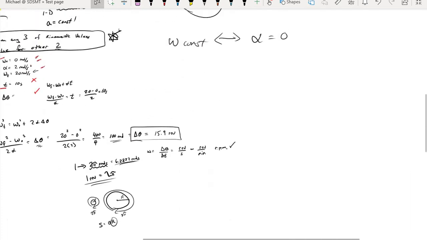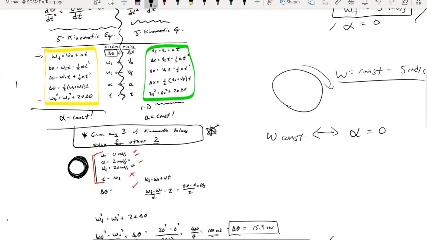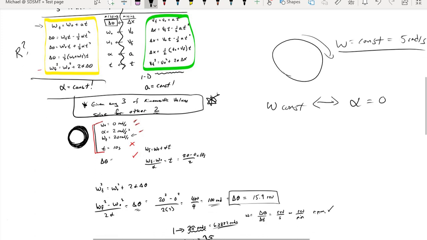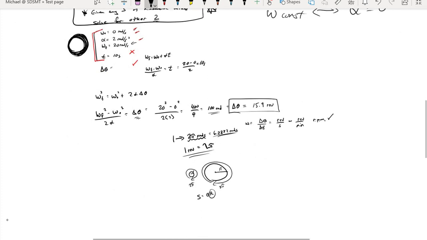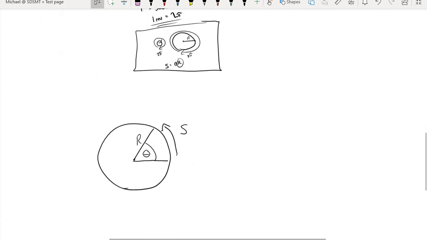In all of our kinematic equations up here, you notice that the radius of the wheel does not show up anywhere in those expressions. And that's because it really shouldn't matter. We said right here that a small wheel that spins around in a circle of 2 pi radians, well, that angle is the same as a big wheel that spins around 2 pi radians.